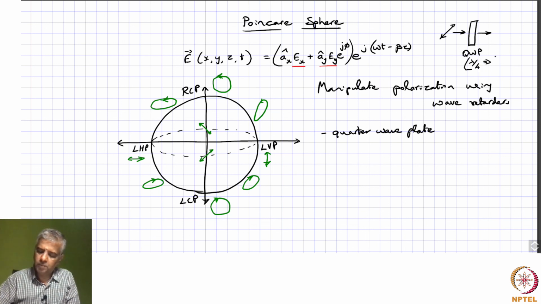Now this is if you want to achieve a particular polarization state, but if you want to use it as a sensor, then things are different. Then what you are really looking for is, you start with one polarization state like this, and you send it through some material which is subjected to some perturbation, and you are trying to see which way it is moving, whether it's moving this way or along this or along this.